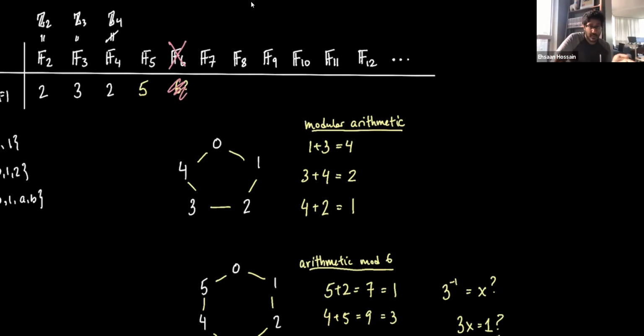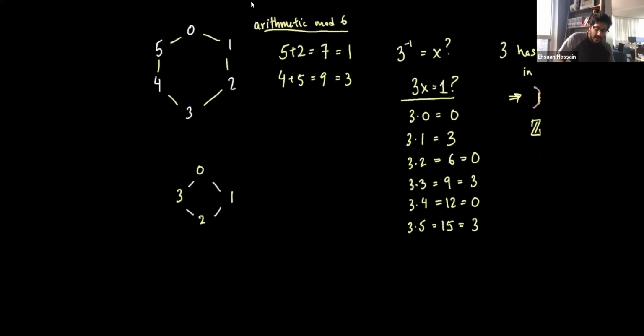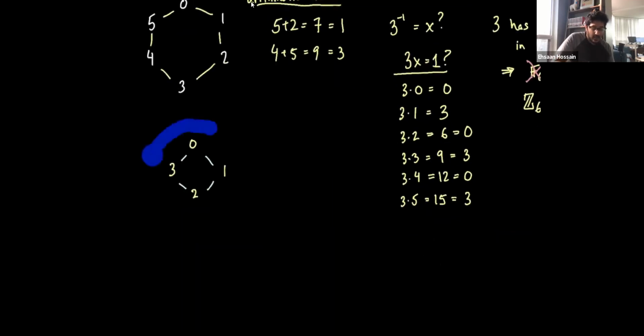Let's try arithmetic mod 4, right? 0, 1, 2, 3. This is arithmetic mod 4. And in this case, I'll tell you now, one of these 4 elements doesn't have an inverse, and it's not 0. One of the 3 non-zero elements doesn't have an inverse. Do you guys know which one? Which element has no inverse here?